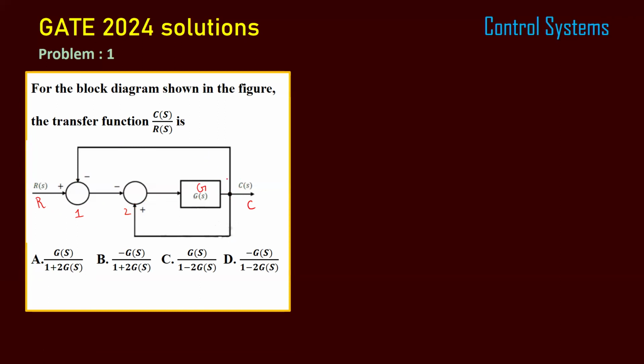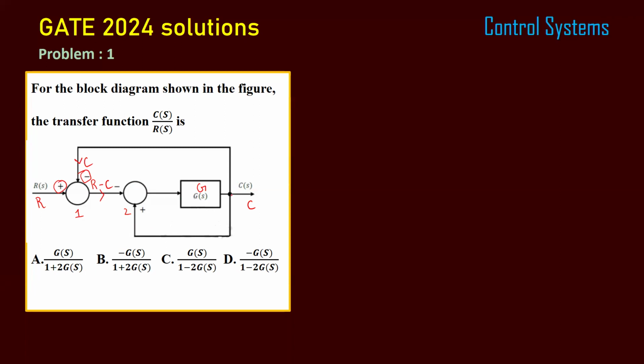So here C is taken from the output and it is given to the first adder. So we can mark here as C. After adding, the adder adds R and negative of C, positive of R. So here R minus C will be flowing, and R minus C is given to the second summing point.